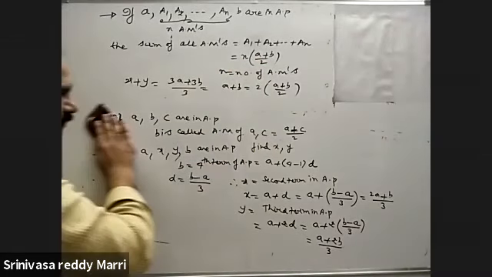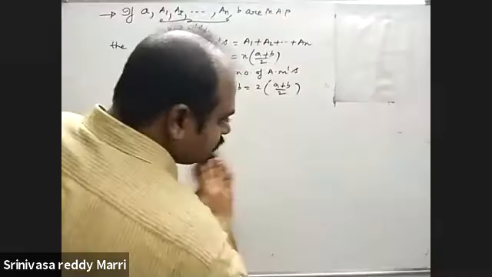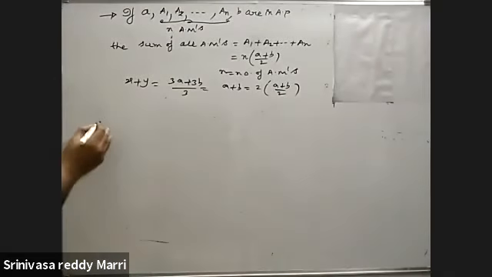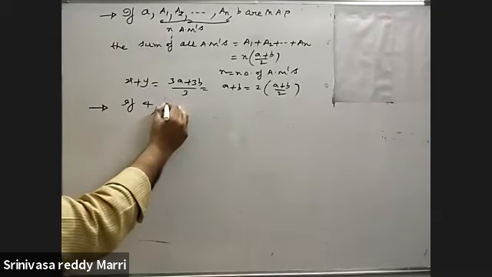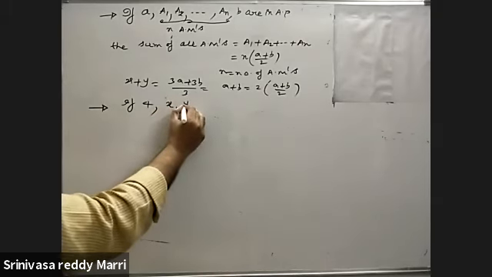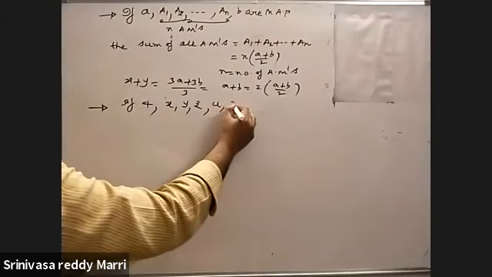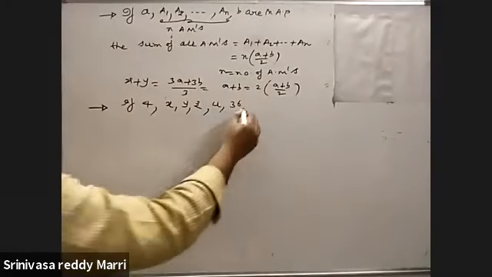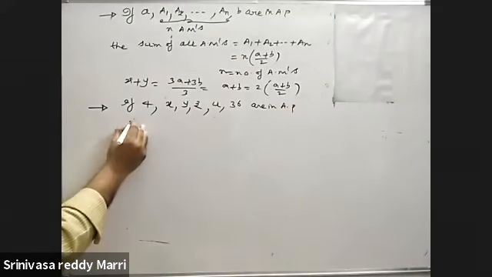Look at how to apply the property. 4, x, y, z, u, 36 are in AP.